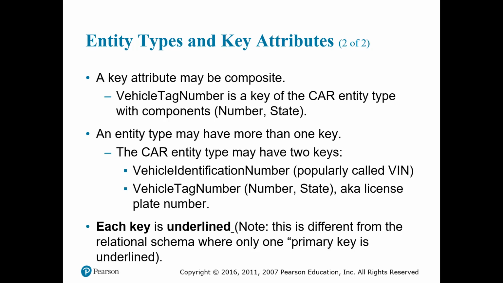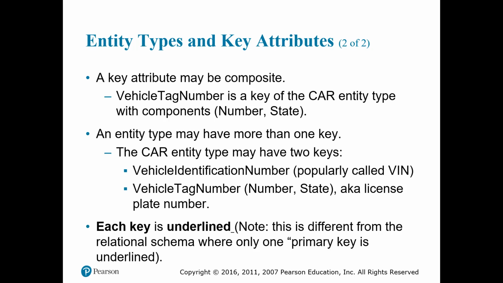But each license plate is only supposed to be on one car. But there are exceptions to that. There are places that will let you move maybe like a handicap tag from car to car. So yeah, that's not a clean example.